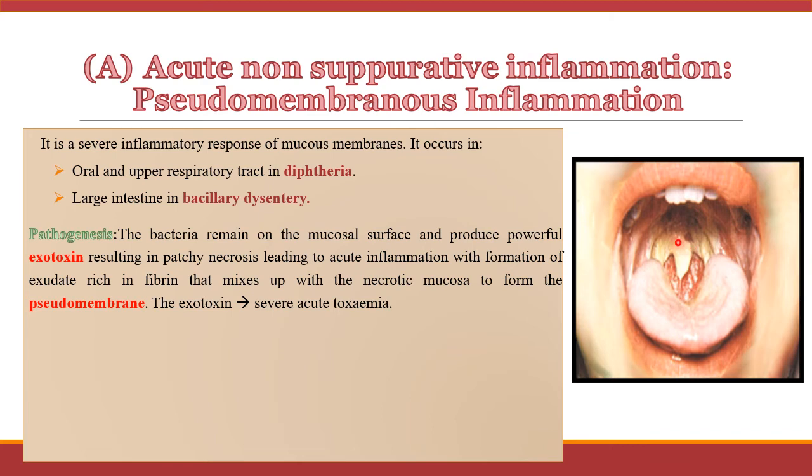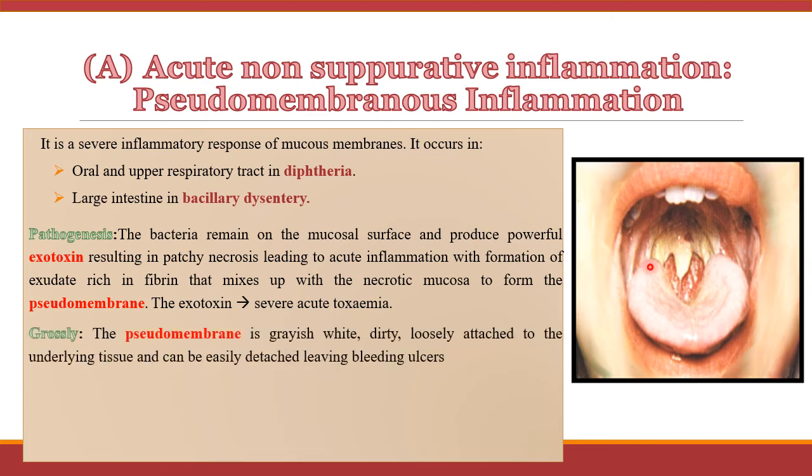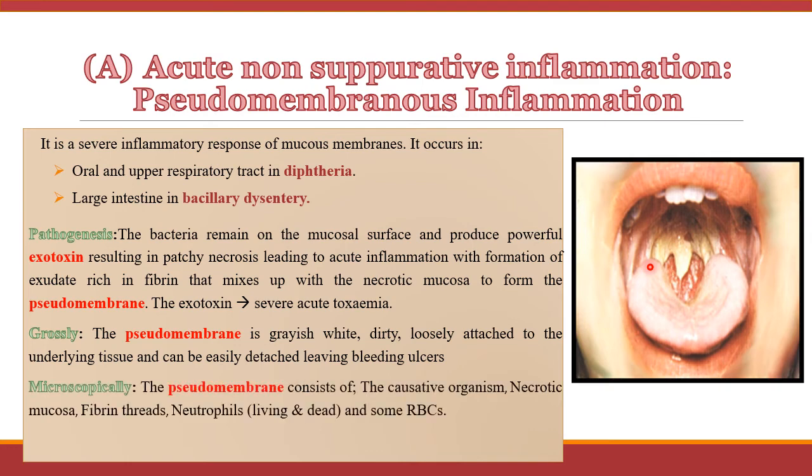So this pseudomembrane again is formed of the organism, the necrotic material, the fibrin, the neutrophils, and also some RBCs that are extravasated from the blood vessel. The membrane is grayish-white, dirty, and loosely attached to the underlying tissue, and it can be detached or removed, and it may leave some bleeding ulcers underneath.